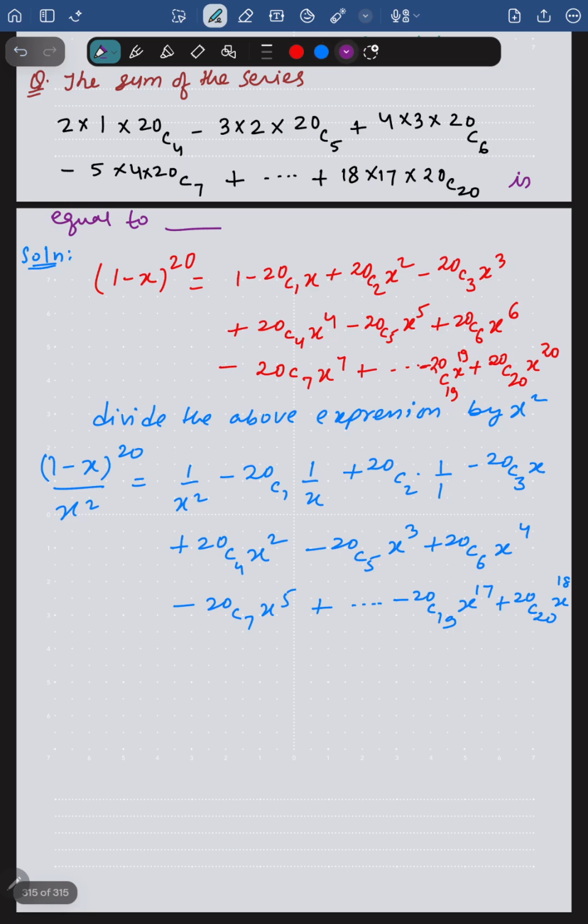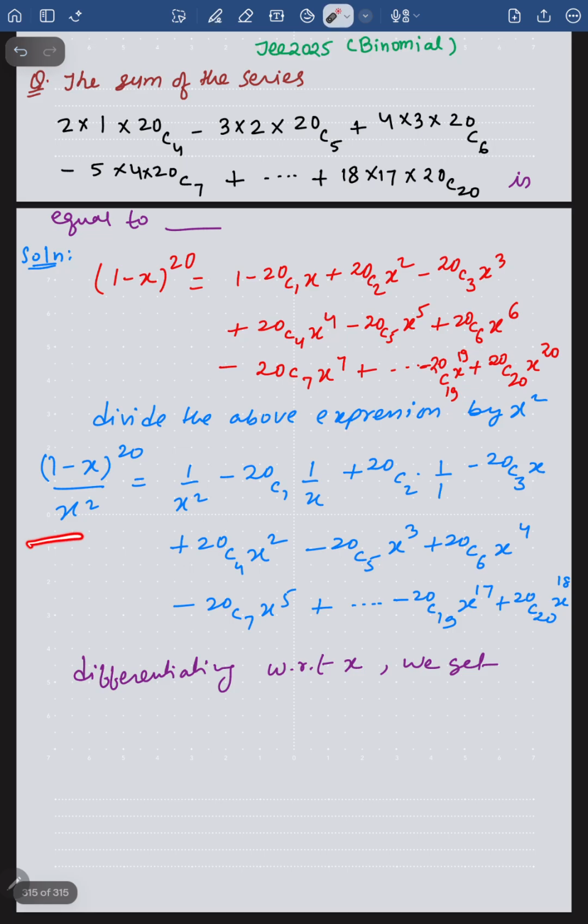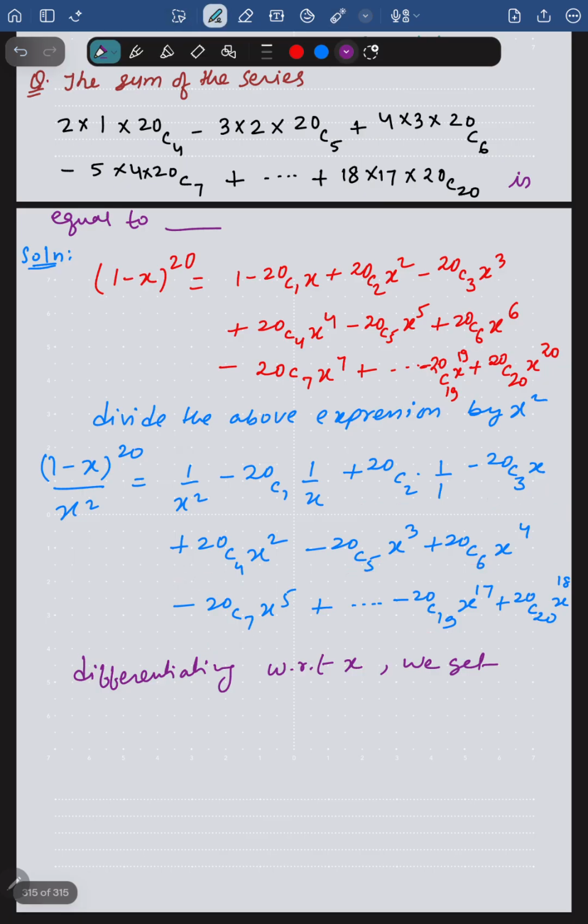Now we will apply differentiation with respect to x. Let us see what we get. On the left hand side, we can write 1 minus x power 20 into x power minus 2. So it is u into v, d by dx of uv, and on the right side each term is individual, so we will differentiate each term individually.